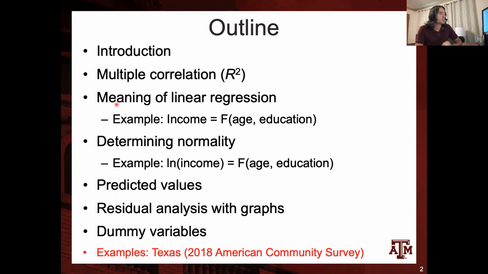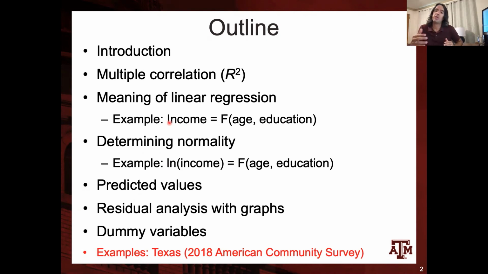Then I'm going to talk about the meaning of linear regression and how to interpret coefficients from those regressions. I'm going to start with a simple example of income as a function of age and education, so age and education as independent variables to explain income.